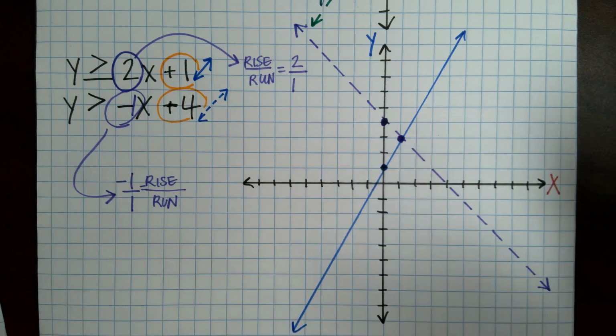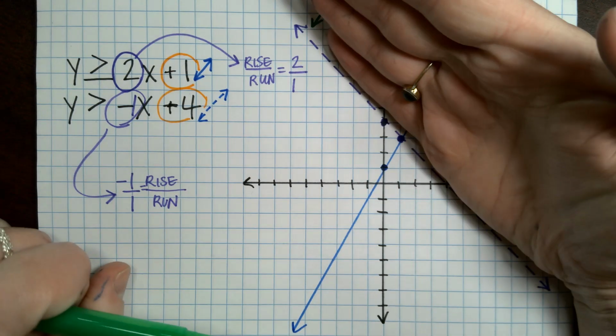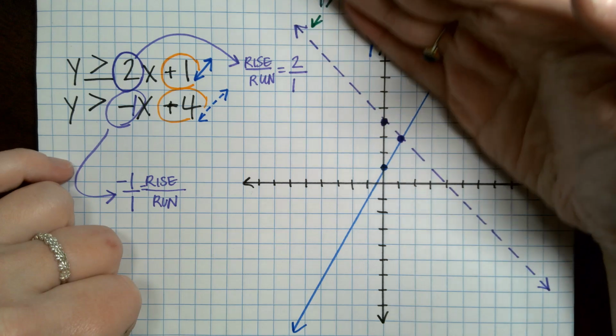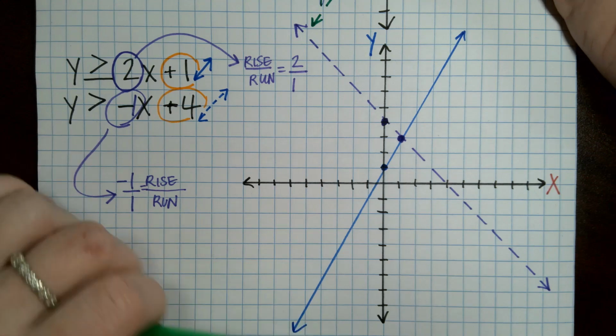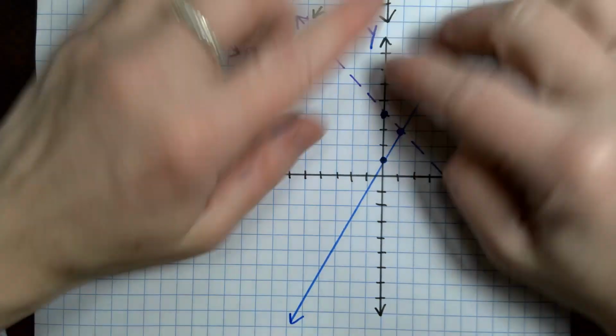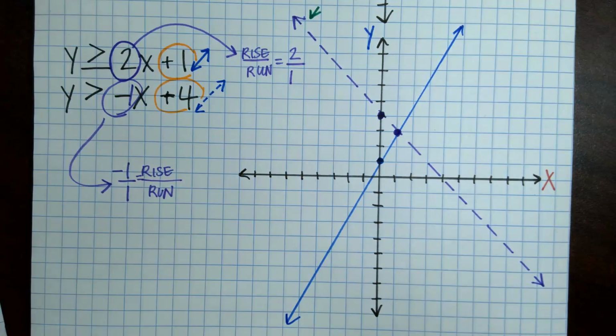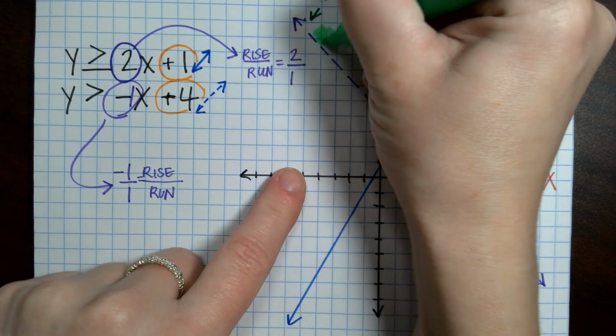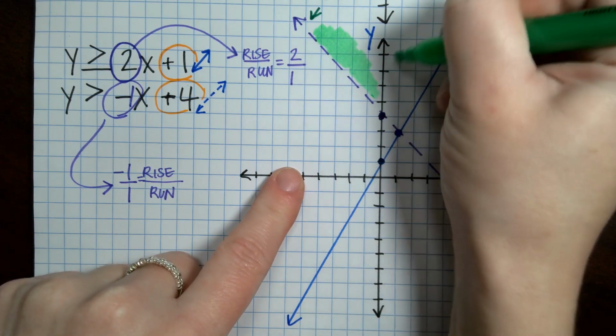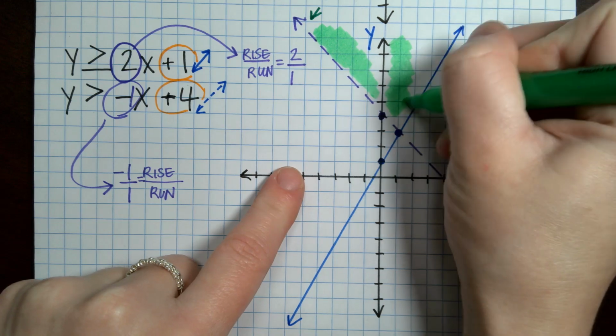So that means I'm also shading up from this line. Yes, I was thinking in negatives. Ah, so where's my overlap? At the top, right here. That's right. So we are going to shade this section here.